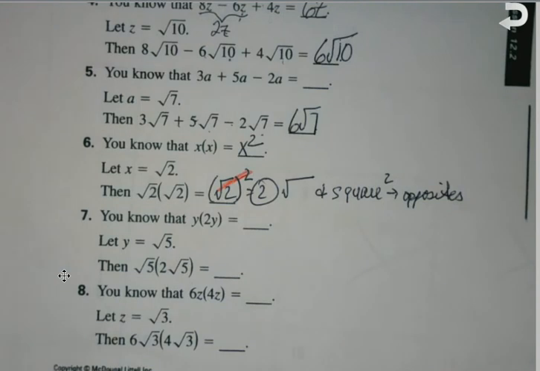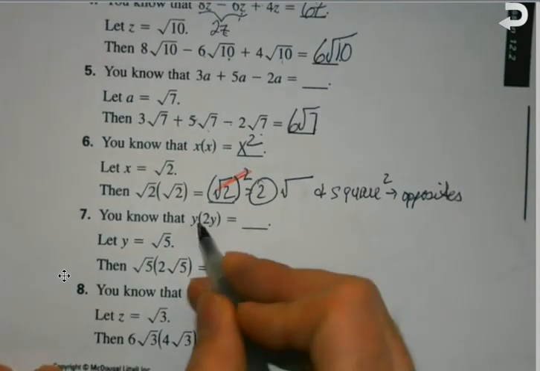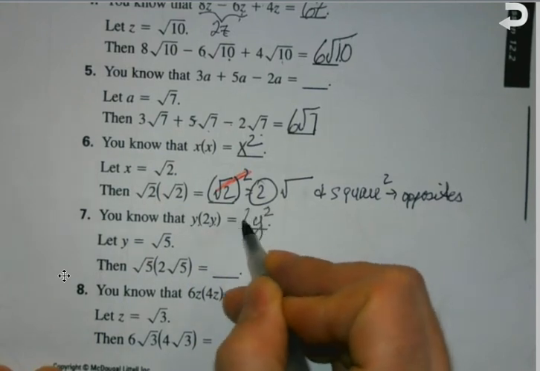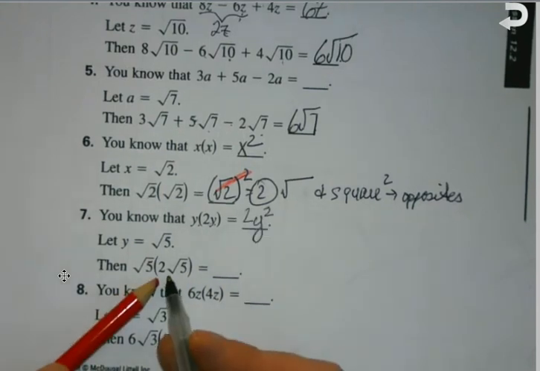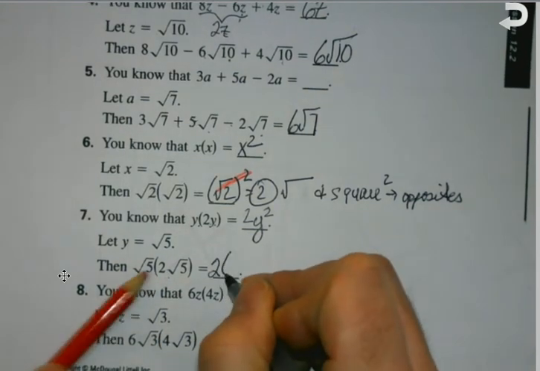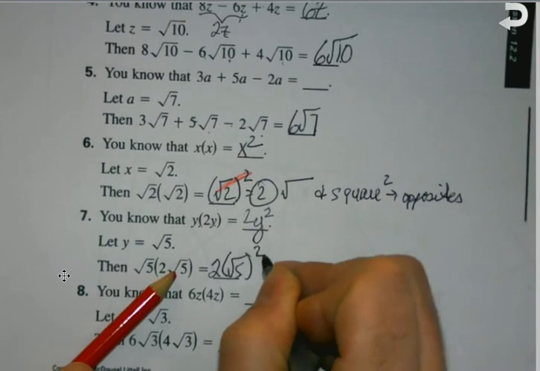So the same thing happens whether I do it with a variable, y times y is y squared, or I do it with these. So you're like, okay, so this would be 2, and I've got square root of 5 and square root of 5 is squared.